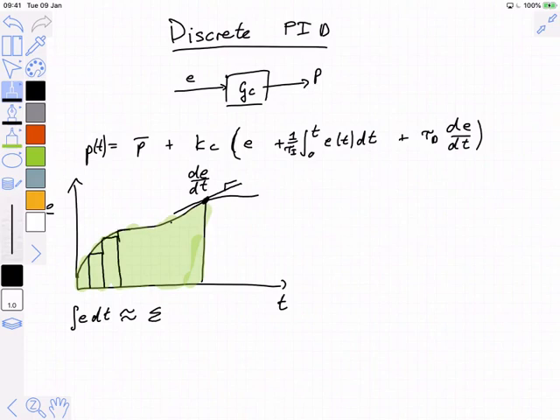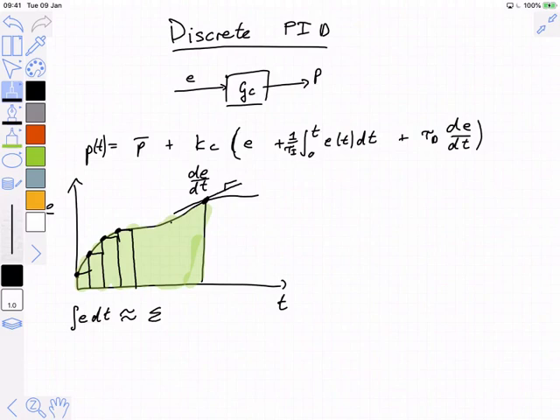This should be quite familiar to you from the way that you were taught how integrals work. It's almost like a Riemann sum approximation. At any moment in time, I have a value for the error, and I can take the value of that error and approximate that integral. Don't be too focused on the exact position at which I drew the error.